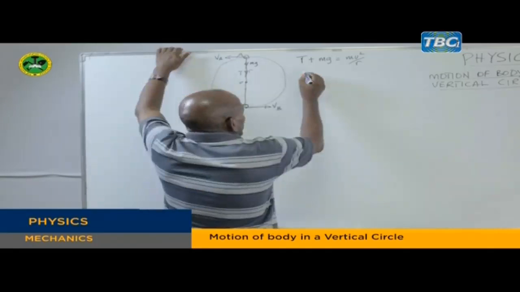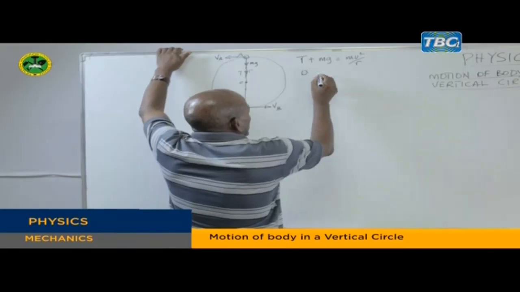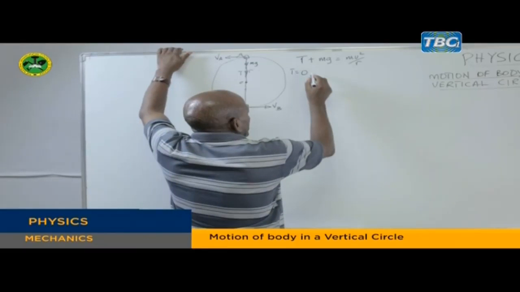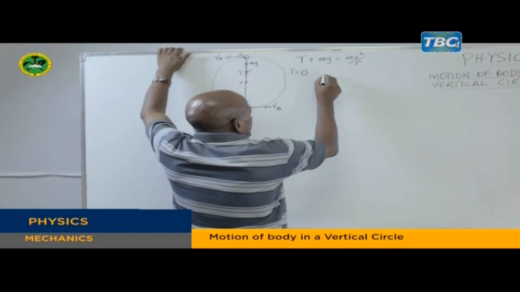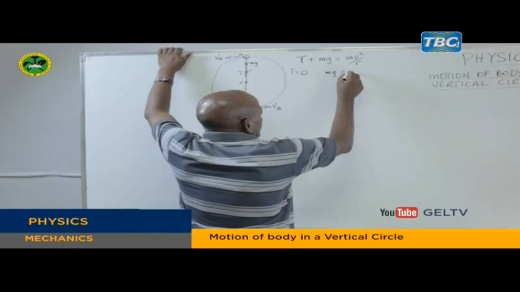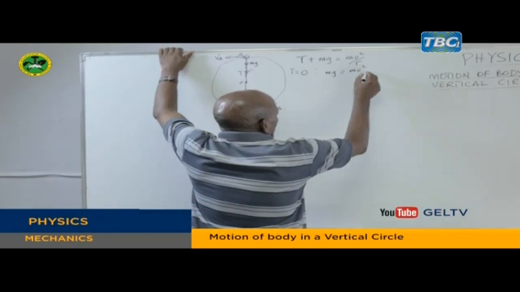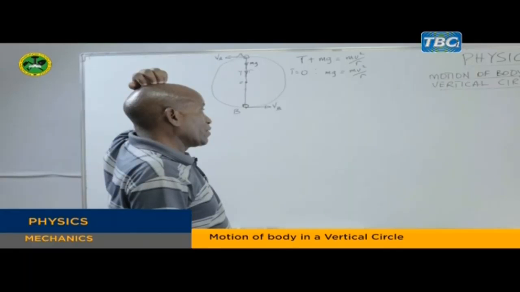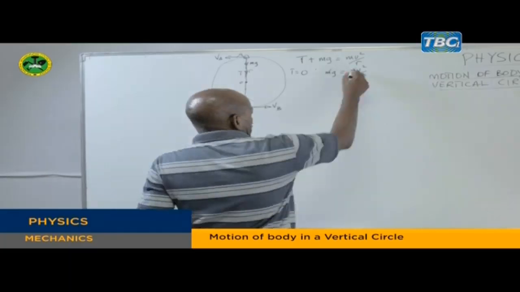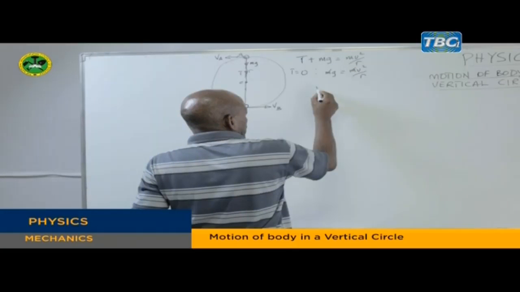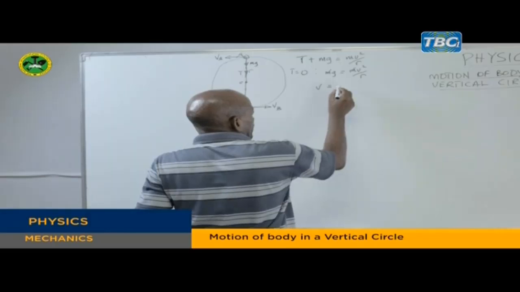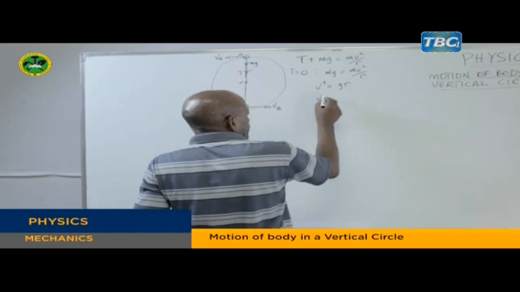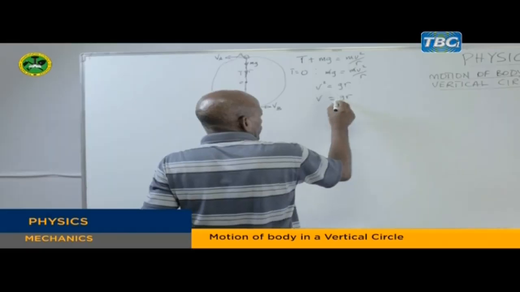So we put T equal to 0, and therefore we'll just have that mg will just be equal to mv squared over r. Such that if the mass is the same, then the minimum velocity v squared will just be equal to g times r. Or velocity v will just be equal to the square root of g times r.